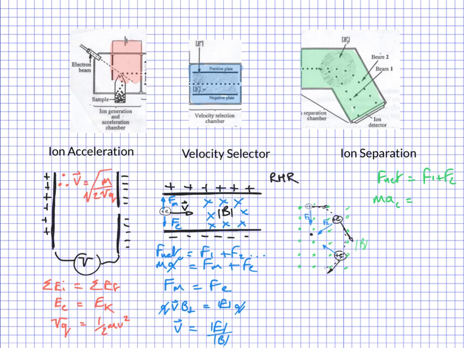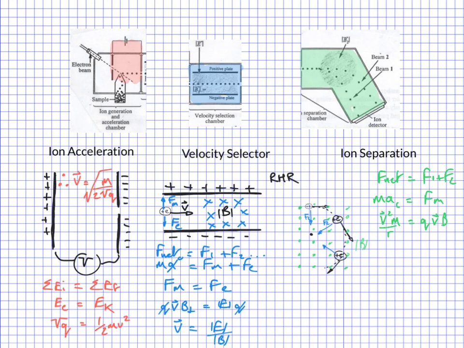Well, we only have a magnetic field, so this must be the magnetic force. And so we can expand this out. We can say that this is now V squared M over R is equal to QVB. Okay, the velocity squared and the velocity cancel out.